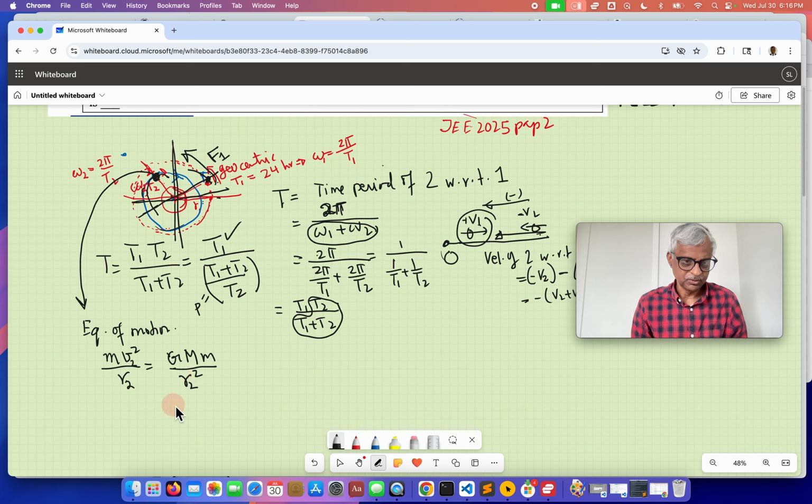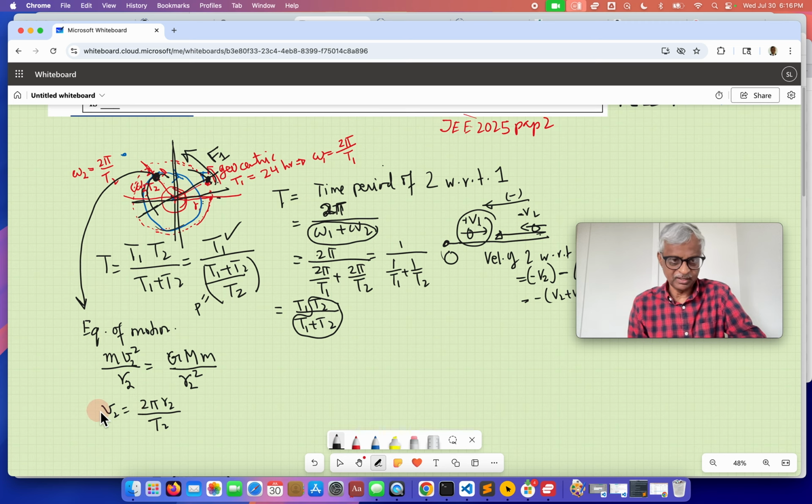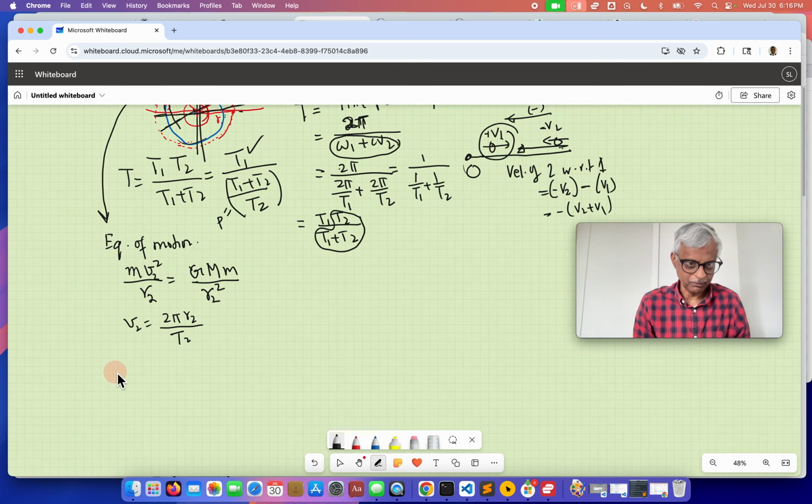Let's call this v₂, and v₂ will be 2πr₂ over T₂. So now plug in there. Let's see how far we go. The m's cancel out, so this guy cancels this guy out.